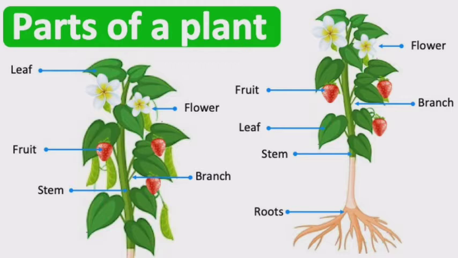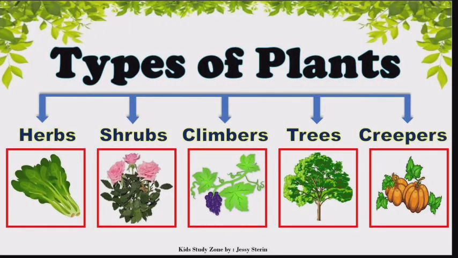Like our body, plants also have many parts. They are root, stems, leaves, flowers, fruits and seeds. Based on the growth habit, plants are divided into different types. They are herbs, shrubs, trees, climbers and creepers.